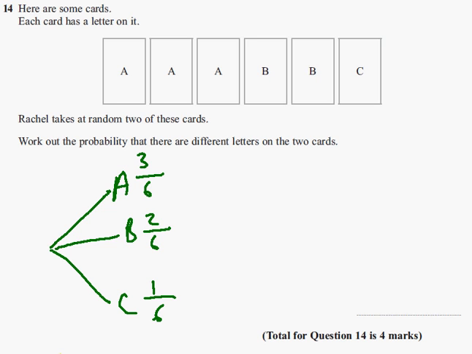Okay. Now, if she picks an A first, she could also get A, B or C. Now, if she had picked A first, now she's got 5 cards to choose from, and as she's already chosen an A, only 2 out of 5 is going to be an A for the second choice.